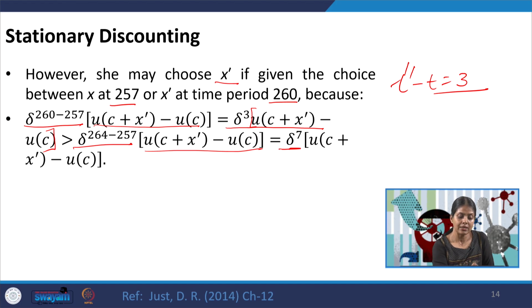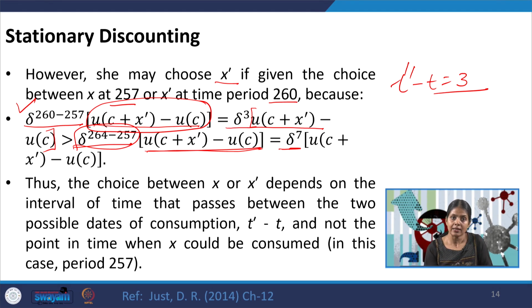So, here delta raised to the power 3 multiplied by the difference in consumption is greater than delta raised to the power 7 multiplied by the difference in consumption, and that is why she preferred to consume x prime instead of x. Thus, the choice between x or x prime depends on the interval of time that passes between the two possible dates of consumption.